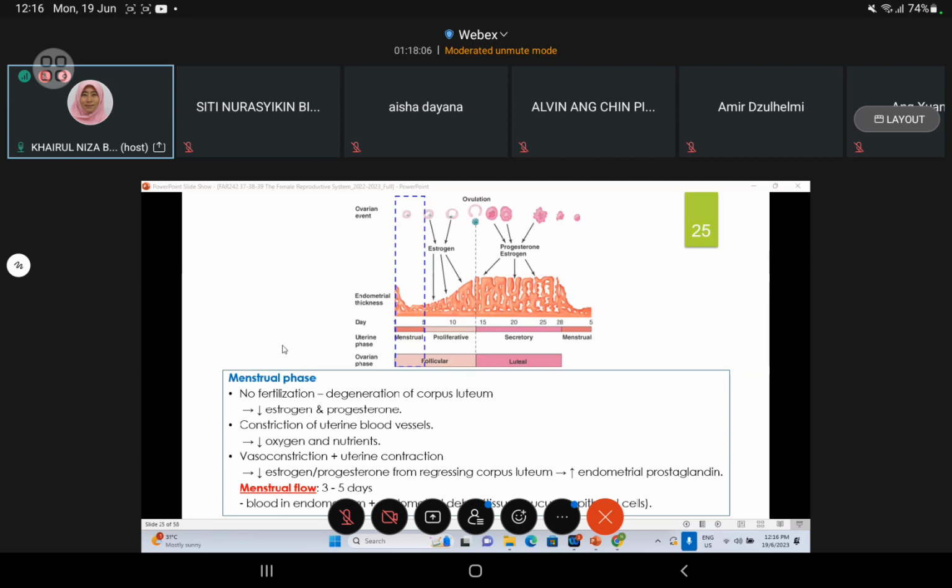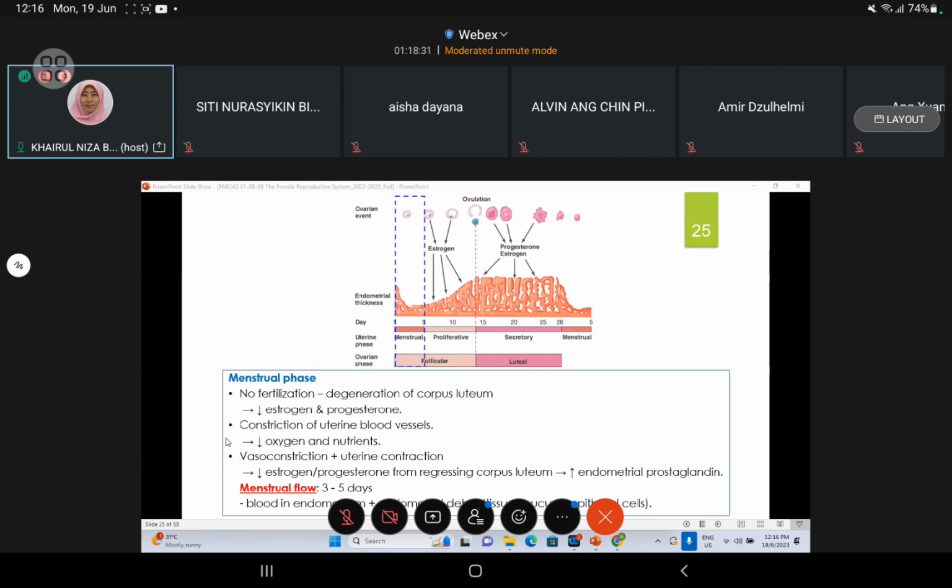When there is no fertilization, that means the ovum is released during ovulation, but there's no sperm coming in to fertilize it. There'll be degeneration of the corpus luteum, which means that estrogen and progesterone secretion are very low. This leads to constriction of the uterine blood vessels.